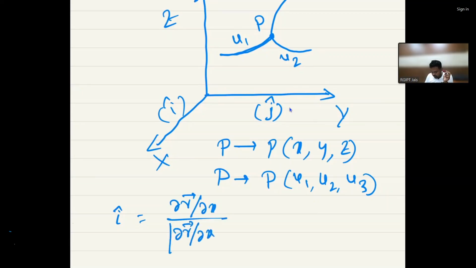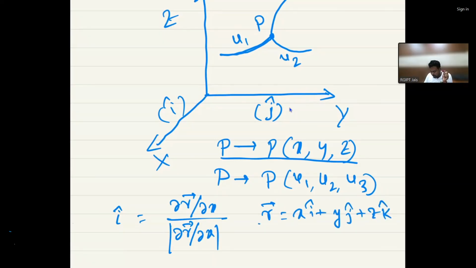I'll tell you what I mean here. r is the position vector for this point P. r is the position vector x i cap plus y j cap plus z k cap in the Cartesian system. Now what is del r by del x?